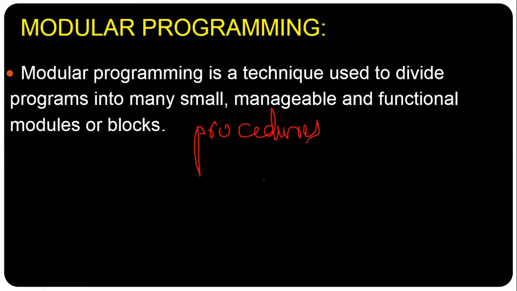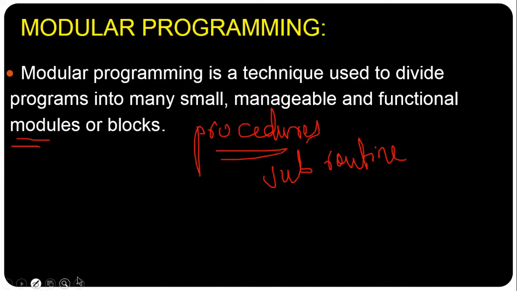Some of them even call it subroutine as well. So there are many names, and among these names you can follow any one, whatever you feel comfortable with. More often we'll be using the word procedure or modules.